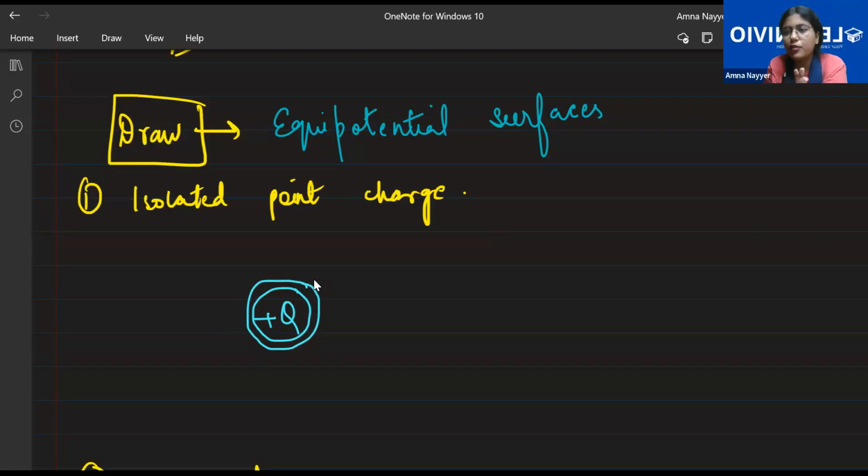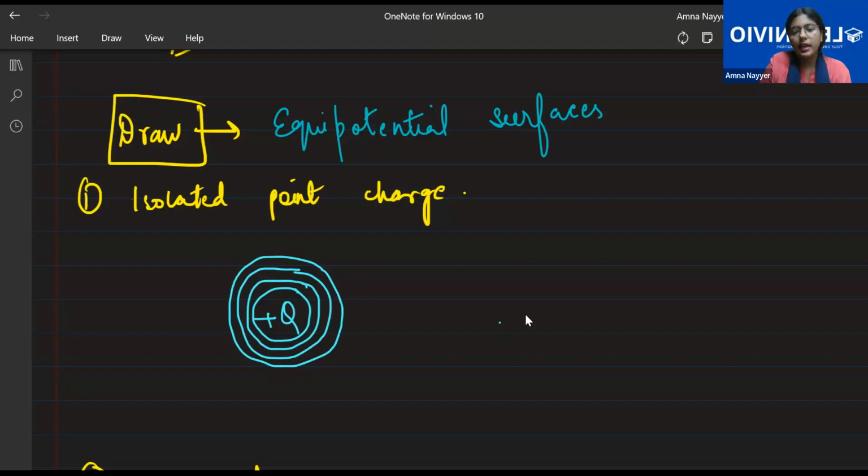It's better if you use a compass for these. You will be able to draw the circles evenly, and it will also be quick rather than drawing freehand. So like this, you have concentric circles. And for minus Q, the same thing.